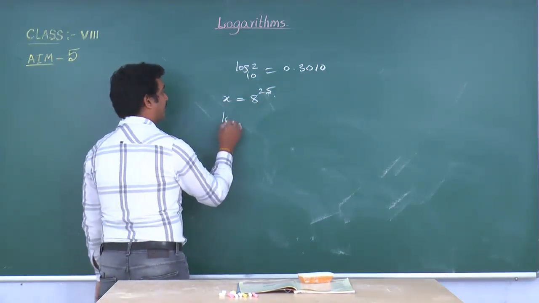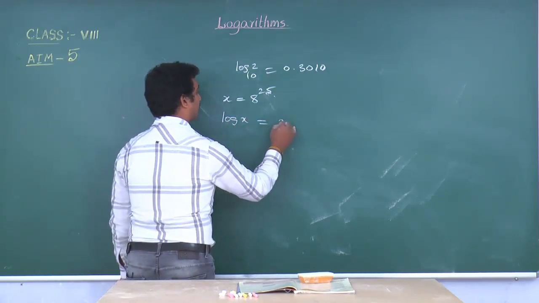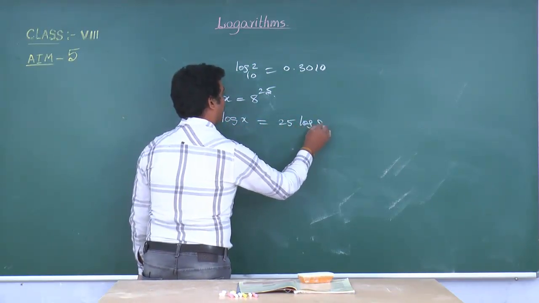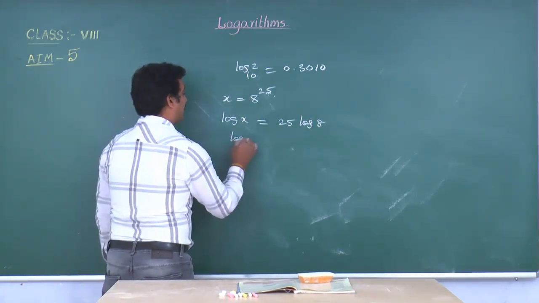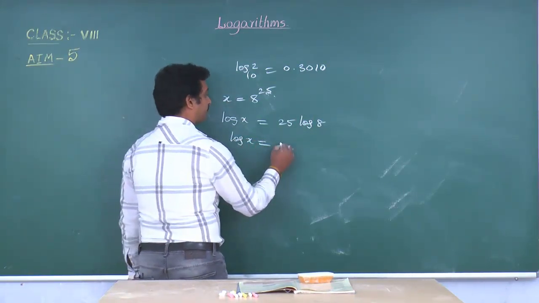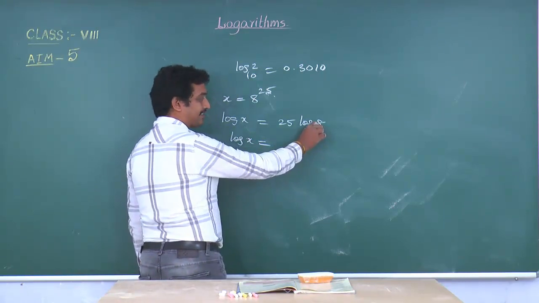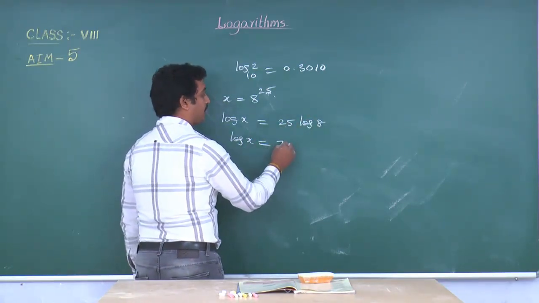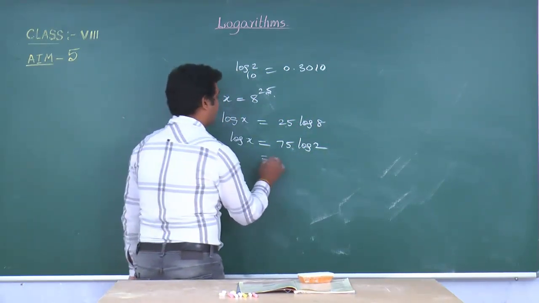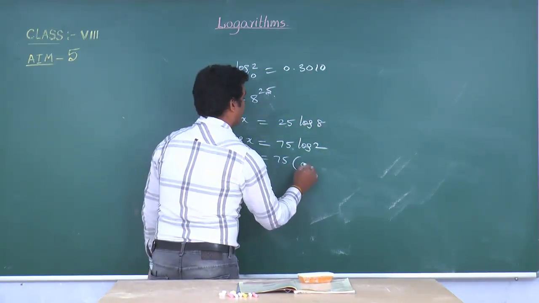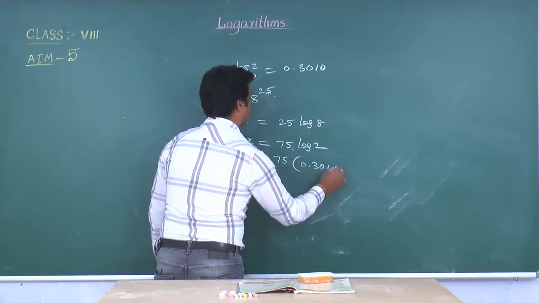Apply the logarithm on both sides with the base 10, then it becomes log x is equal to 25 log 8. Again, 8 can be written as 2 cube, so log x is equal to 25 into 3 log 2, that is 75 log 2. Log 2 value is given, so 75 into 0.3010.